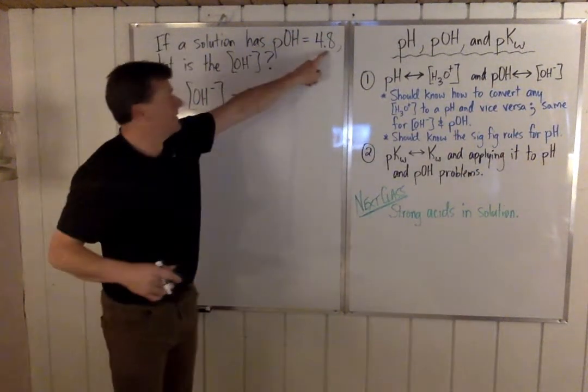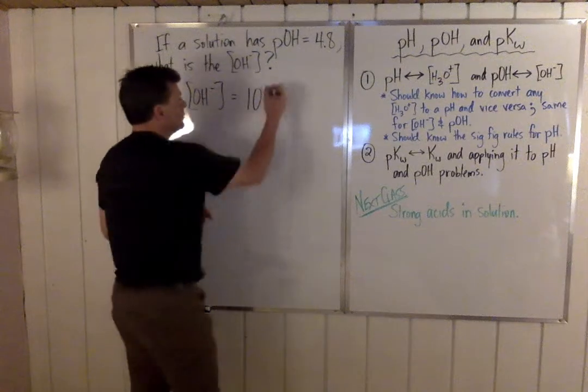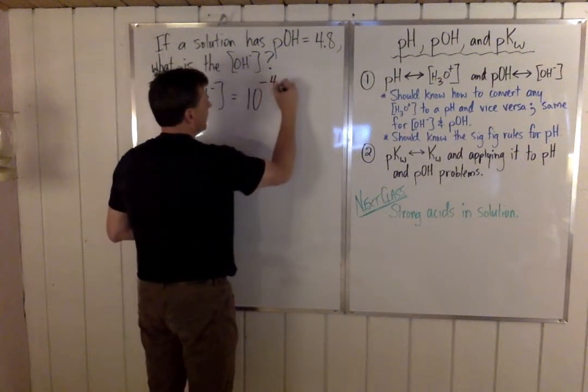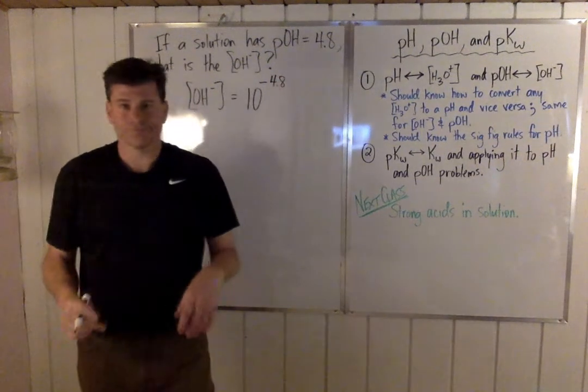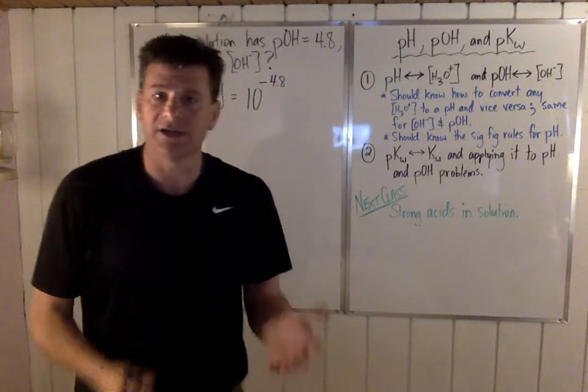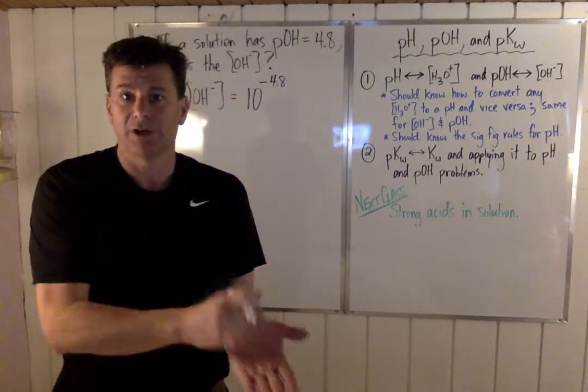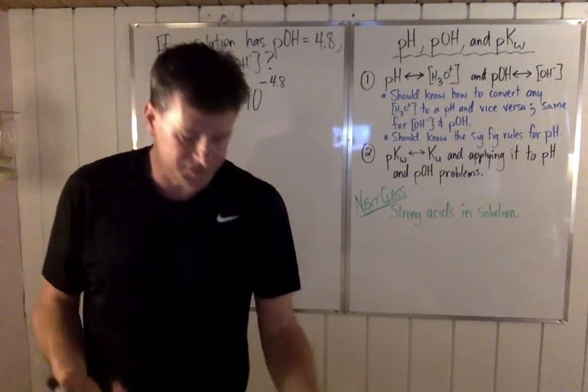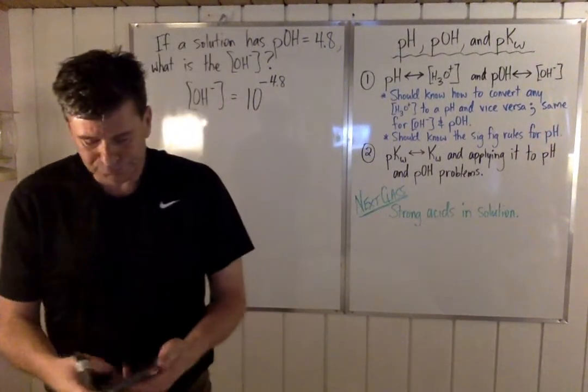So this right there is supposed to be the exponent. So it's negative 4.8. So now on your calculator, you look for the 10 to the x button, you press the 10 to the x button, you punch in negative 4.8, hit equals, and it will give you the value.